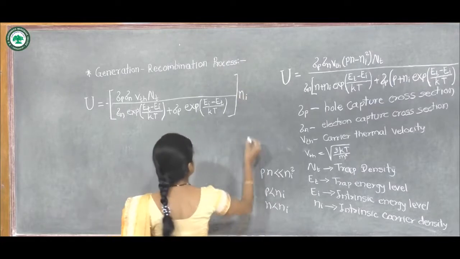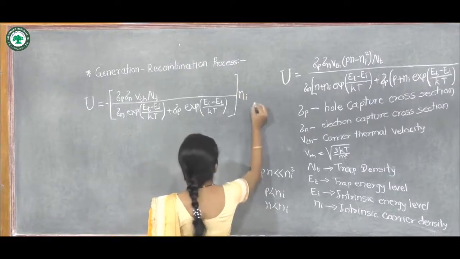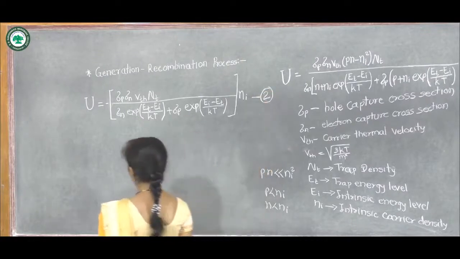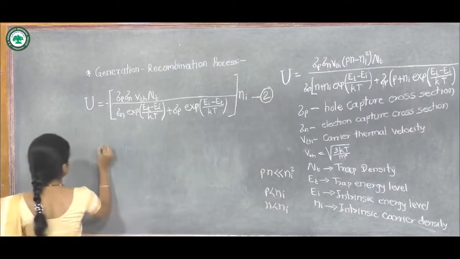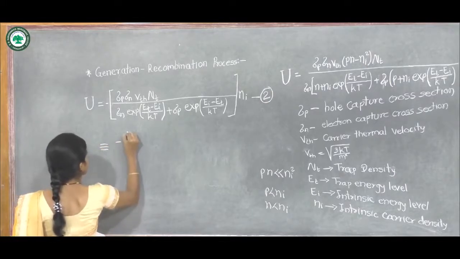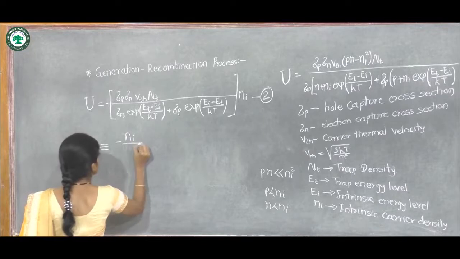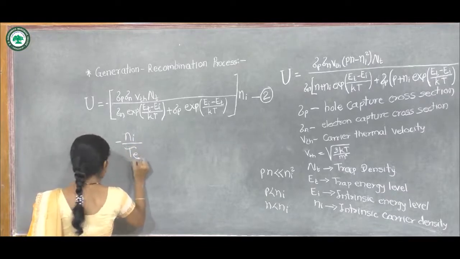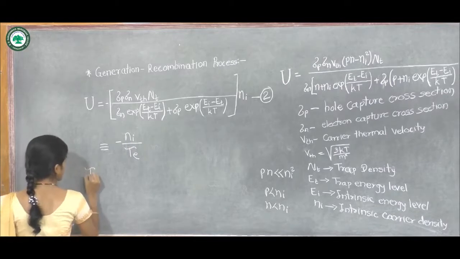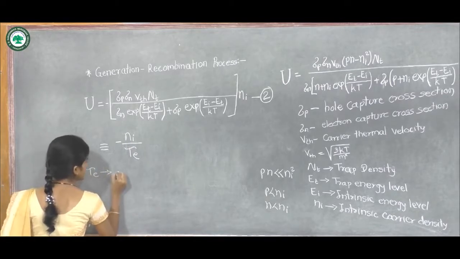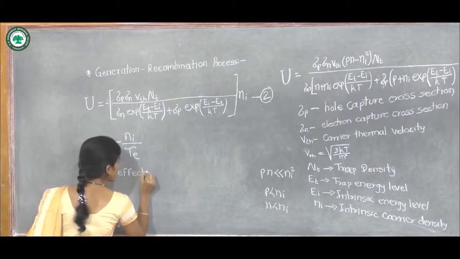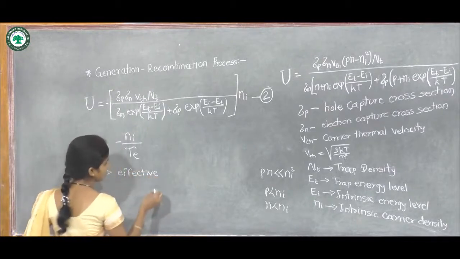So this is equation number 2. Again this can also be written as minus ni upon tau E, where tau E is the effective lifetime.